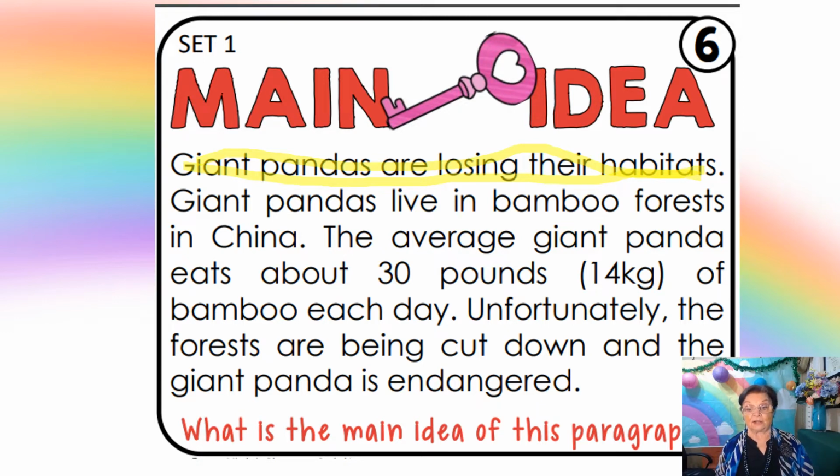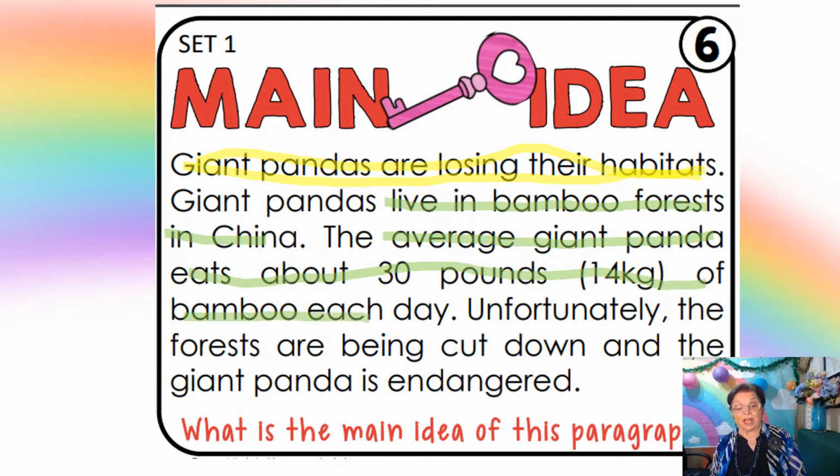Let's see here. They're losing their habitats. What are their habitats? They live in bamboo forests in China. Okay. So why is that bamboo forest so important? Because the average giant panda eats about 30 pounds or 14 kilograms of bamboo each day.